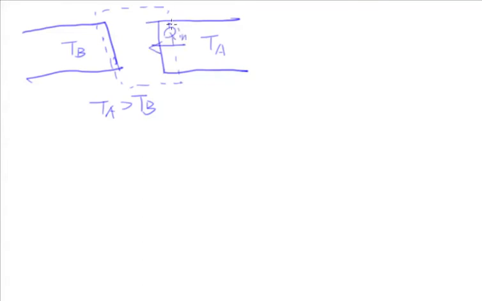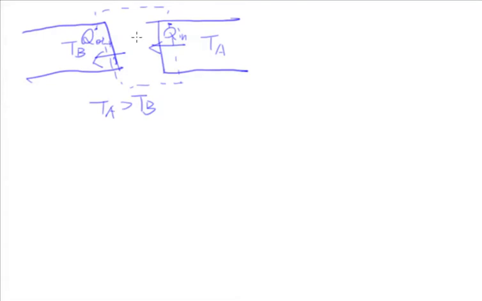Suppose we have two different heat sources, a high temperature source at temperature T_A and a low temperature source at temperature T_B. If we draw a control volume like this, you'll see there's going to be heat flow into the system from the high temperature source, and also heat flow out of the system.